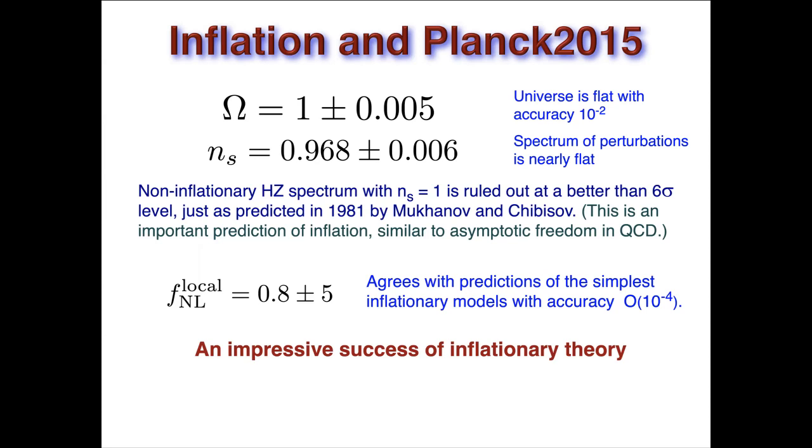There were two predictions made by Mukhanov and Chibisov in '81. They were the first who studied things like that, and it was done in the Starobinsky model. They found that the spectrum is almost flat. Totally flat would be called the Harrison-Zeldovich spectrum, but almost flat, not exactly flat. And both of these statements, almost flat and not exactly flat, are two separate predictions of the theory.